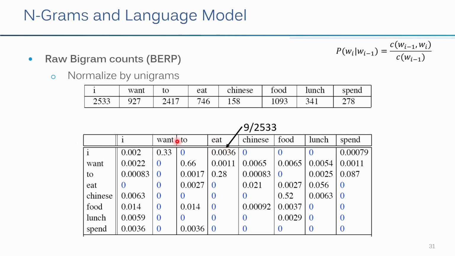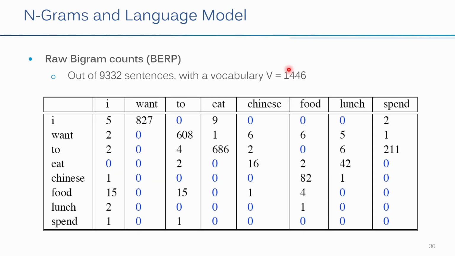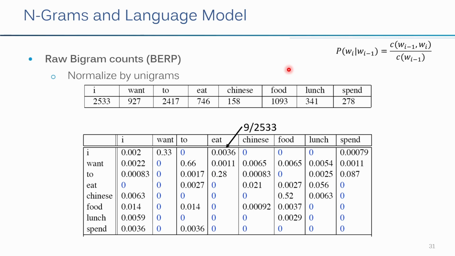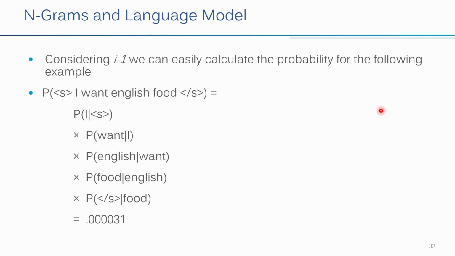The co-occurrence of those two, I eat, as we saw before, is 9. And then we divide this by the count of our previous context, which in this case is I. And with that, we can pretty much calculate the probability of a given sentence.